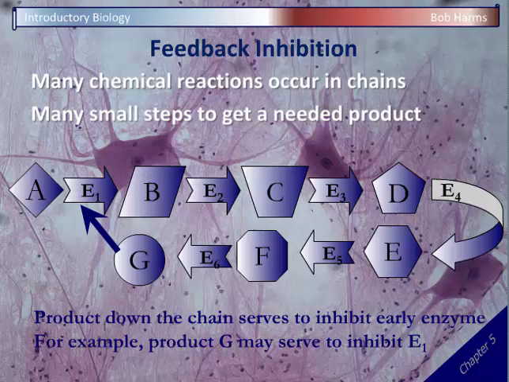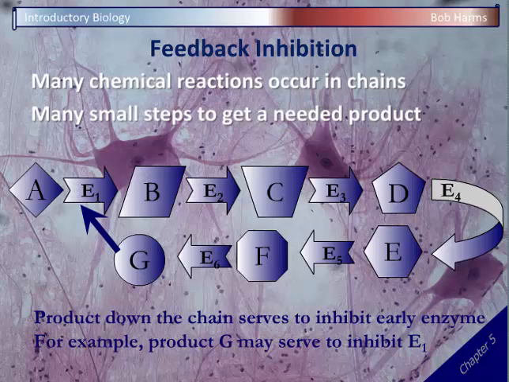Okay? And so in a pathway like this, if we've got 6 enzymes, we don't need 6 inhibitors. We just need 1, because if we turn enzyme 1 off, as soon as all the A is used up, we won't make any more B. And again, that'll eventually shut down the process. And so this feedback inhibition creates these self-regulating loops.